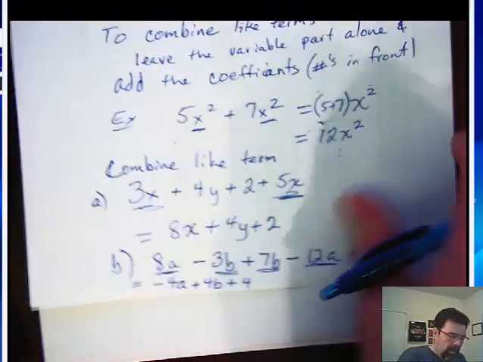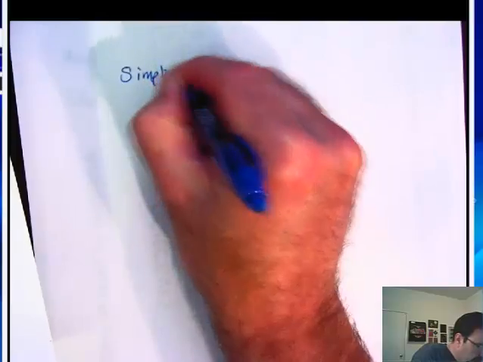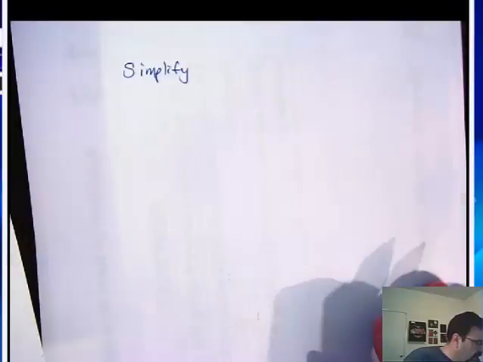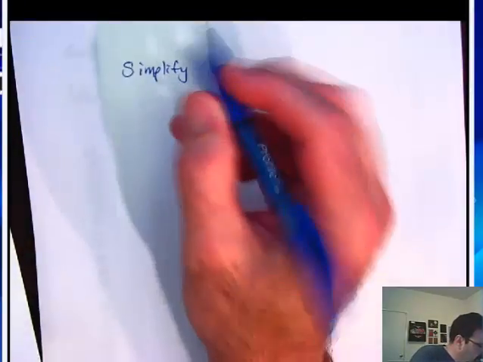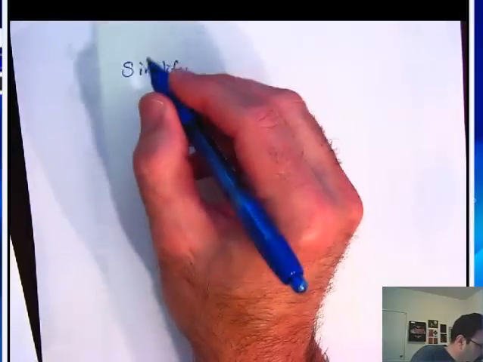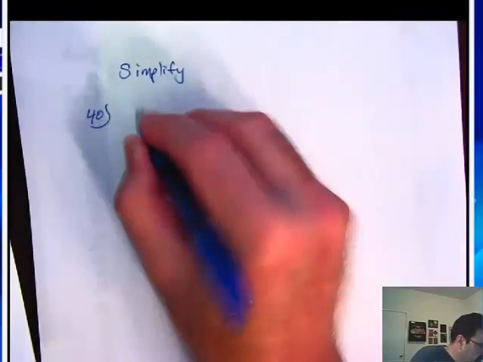Okay, let's try a couple exercises from the book. And the directions here are simplify to form an equivalent expression by combining like terms. Use the distributive law as needed. So let's try a little more difficult ones here. How about, let's start with 40.